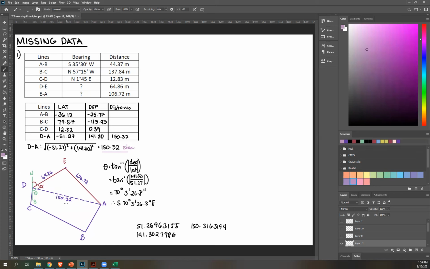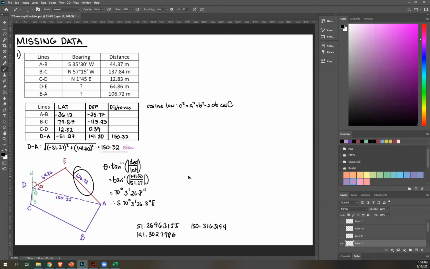We have three sides. I need an angle. I can solve for the angle using cosine law. So recall cosine law: C squared equals A squared plus B squared minus 2AB cosine capital C, where C is the angle subtending side C. So using this, I need alpha.